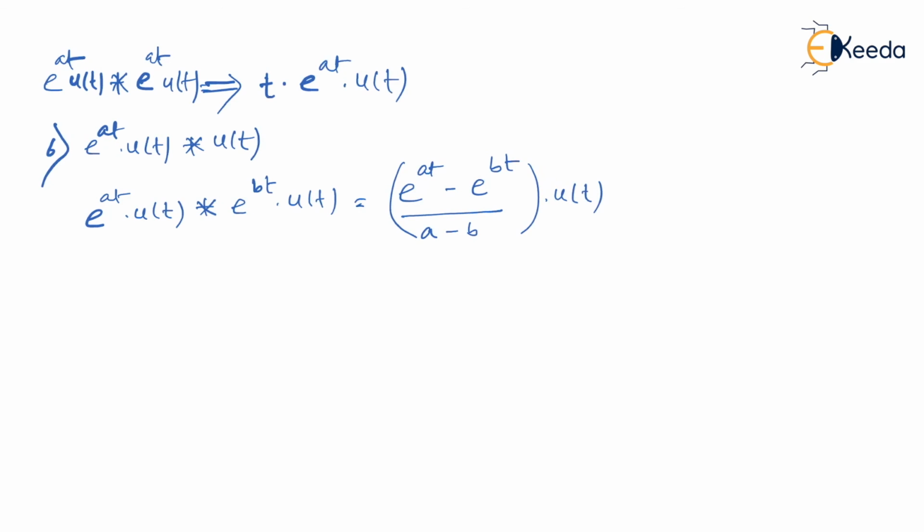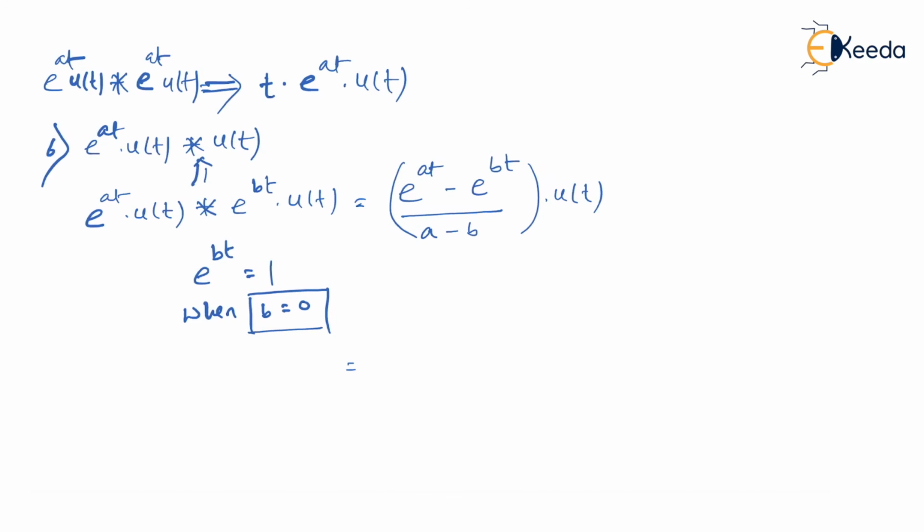So now if I want to convert this standard function into this, then somehow I need to replace e to the power bt with 1. But when will e to the power bt become 1? Only if you substitute b value equal to 0. That's it. So wherever there is b, substitute b equal to 0, and you will get the result.